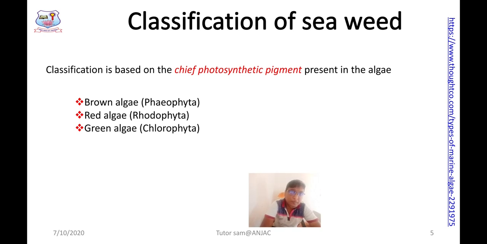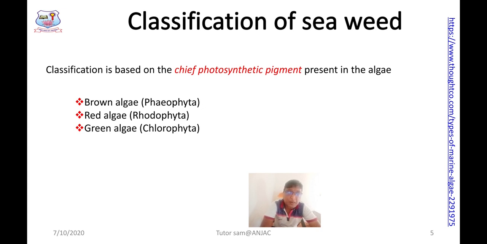Classification. The classification of seaweed is very simple, and the classification system is based upon the chief photosynthetic pigment present in the algae. In general, there are three photosynthetic pigments: brown, red, and green. If an alga contains brown pigment, it is said to be brown algae, and it belongs to the phylum Phaeophyta.